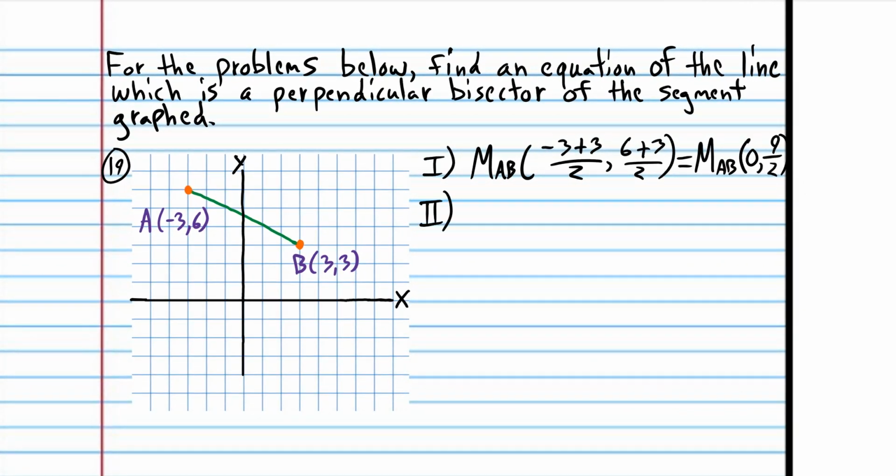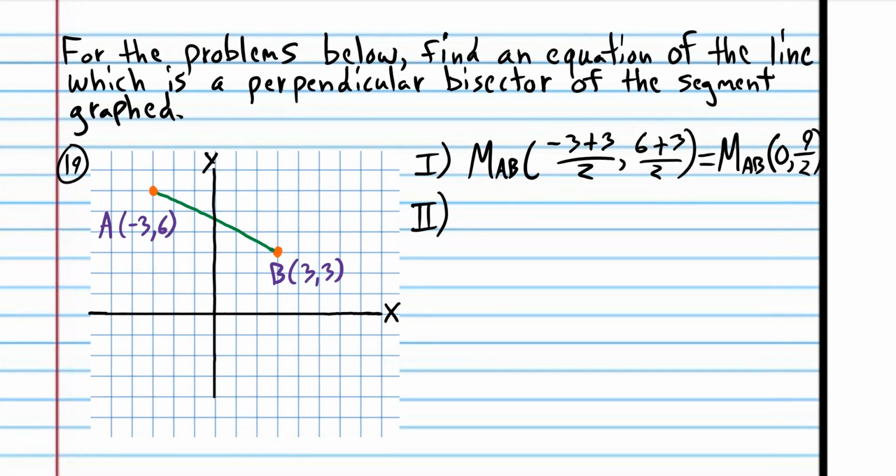Now step 2 is to find the slope of the line that we're looking for. So first we have to find the slope of AB. Using B as the second point, we have 3 minus 6 over 3 minus negative 3, and we have negative 3 over 6, which is negative 1/2.